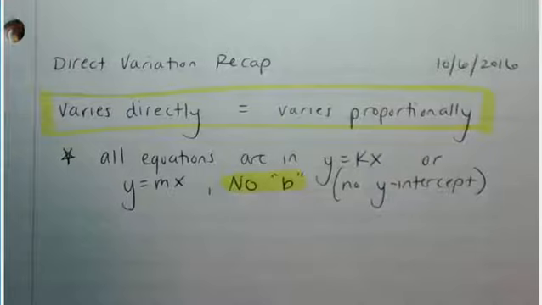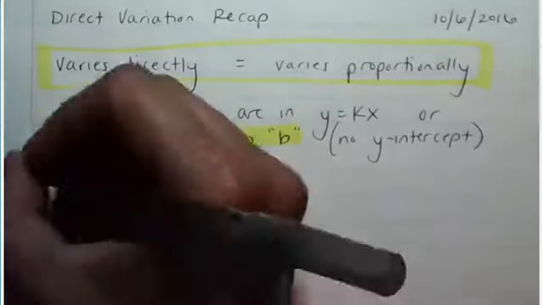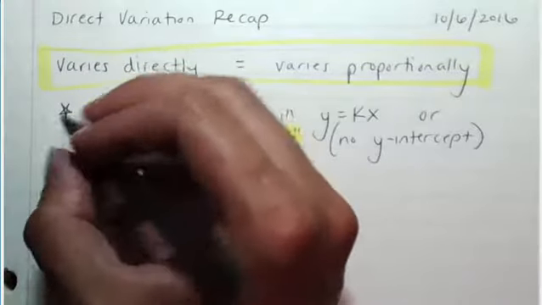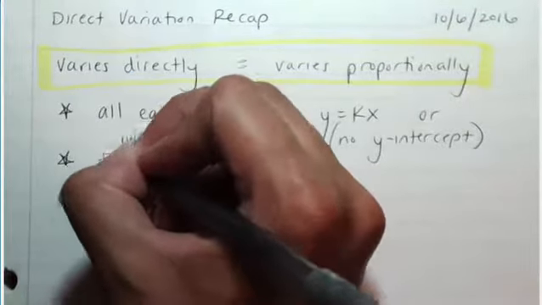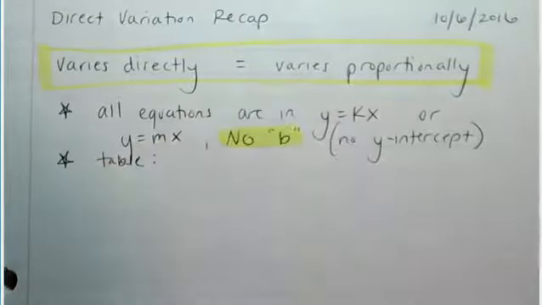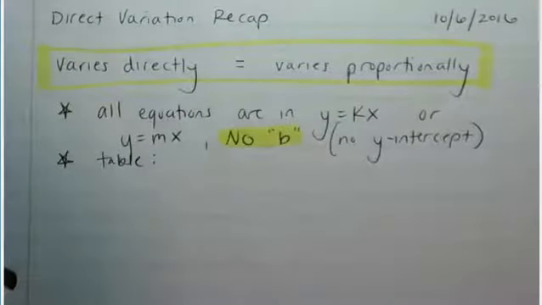No y-intercept. That means it's proportional or a direct variation. If you're looking at a table, what should it have on the table for you to determine if it's proportional or direct variation?